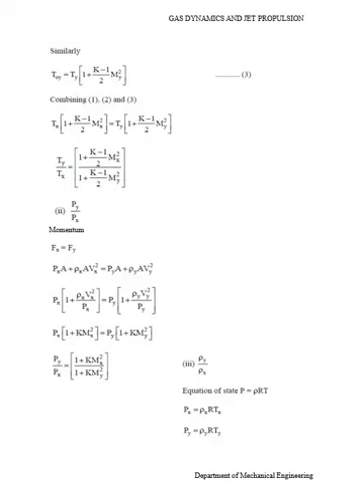The next property is the density ratio, rho y divided by rho x. Using the equation of state, the characteristic gas equation Pv equal to mRT, we get rho x divided by rho y equal to 1 plus gamma my square divided by 1 plus gamma mx square, into 1 plus (k minus 1) divided by 2 mx square divided by 1 plus (k minus 1) divided by 2 my square.